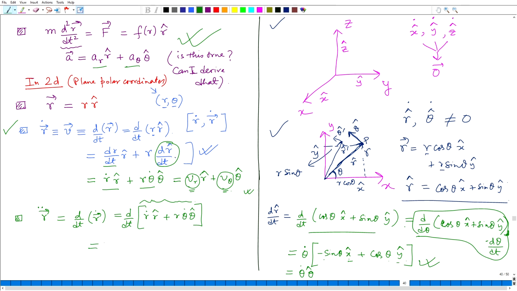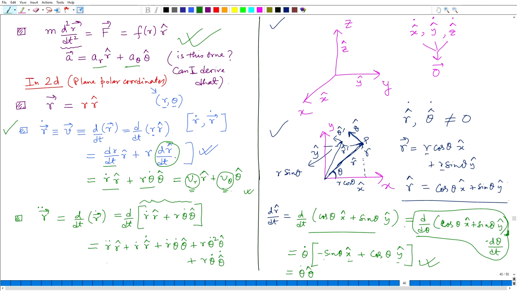Okay. So, I just write simply using the chain rule: r double dot r cap plus r dot r cap dot plus r dot theta dot theta cap plus r theta dot square theta cap plus r theta dot theta cap dot.